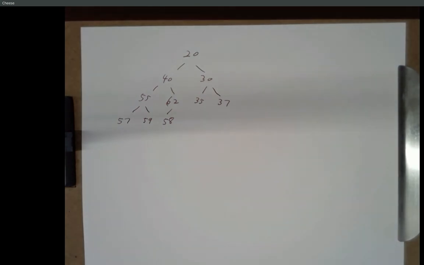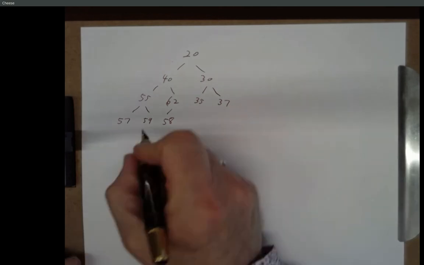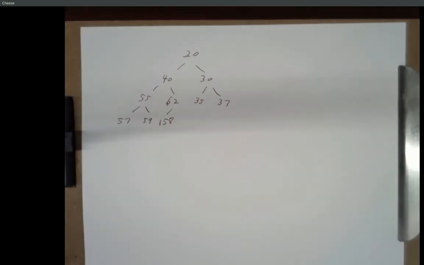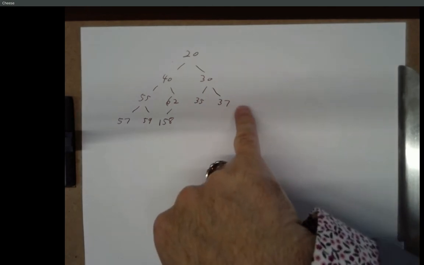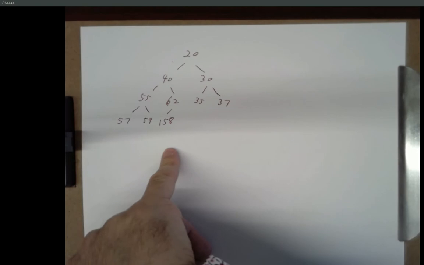So is that a min heap? No. Is that a min heap? Okay, good. I knew I was going to mess up. All right, so that's a min heap. Every node is smaller than its children, and every layer except the bottom is filled in, and the bottom one is filled in from left to right.